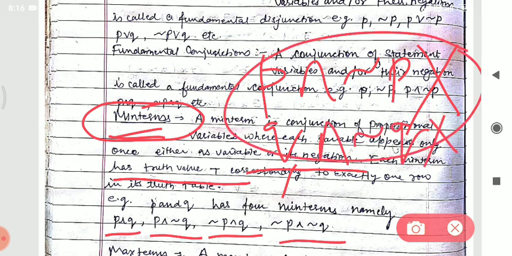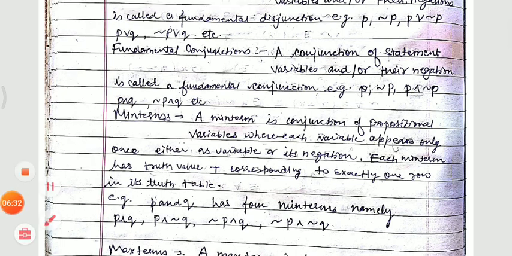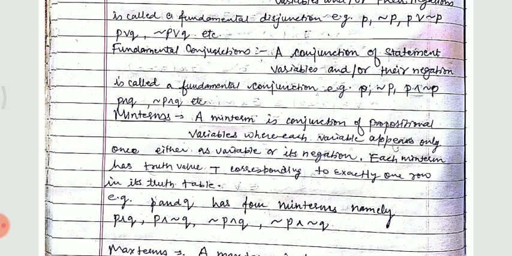You don't have to use this. This is the important thing. The difference between fundamental conjunction and minterm is that P and negation P is allowed in fundamental conjunctions, but it is not allowed in a minterm. So these are the concepts of minterm.